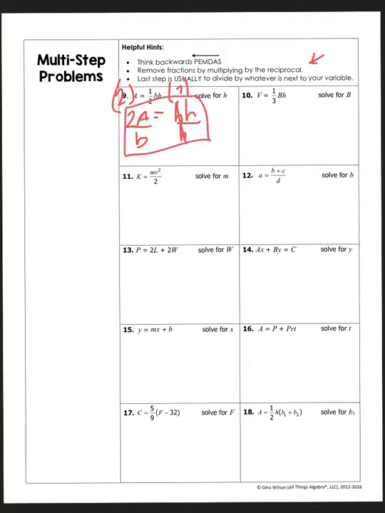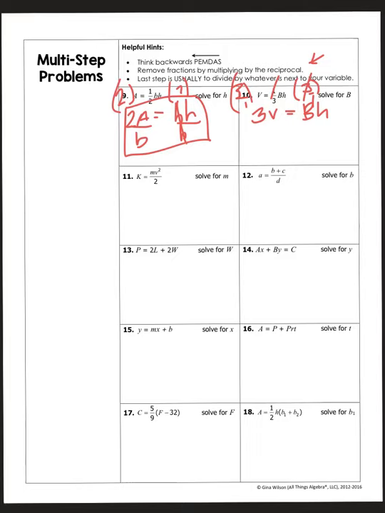Number 10, solve for b. Well, we have to get rid of 1/3 first. Let's multiply both sides by the reciprocal, which is 3/1, or just 3. Okay. So these cancel, and we have 3v equals capital B times h.